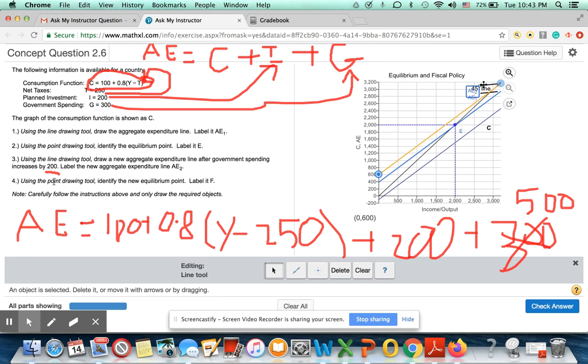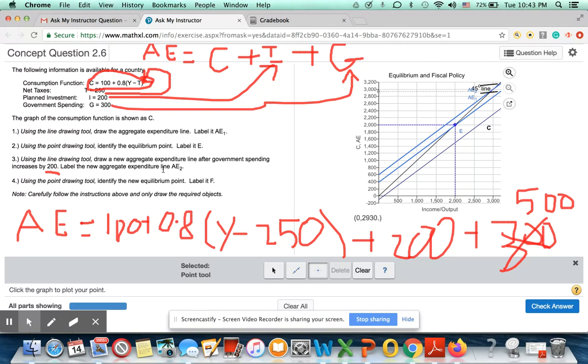Now we need to label the equilibrium. The equilibrium is the point of intersection between the 45-degree line and the new aggregate expenditure curve. This should intersect at 3000.